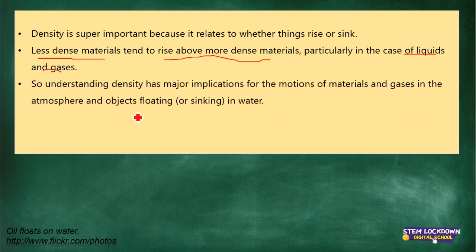Understanding density has major implications for the motion of materials, gases in the atmosphere, and objects floating in the water. The reason why we study density is because it has an implication on the motion of materials, whether something rises, whether something sinks, or whether something can float on water.